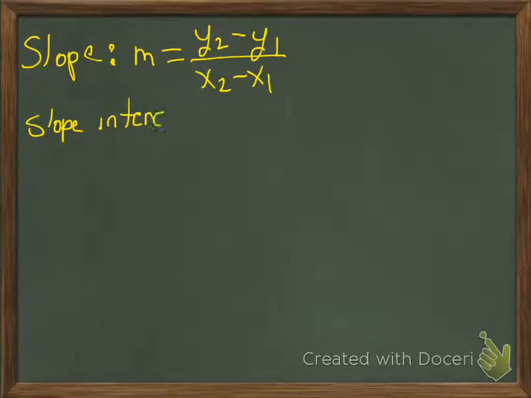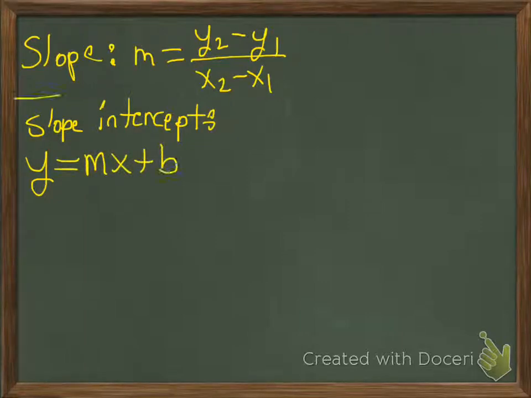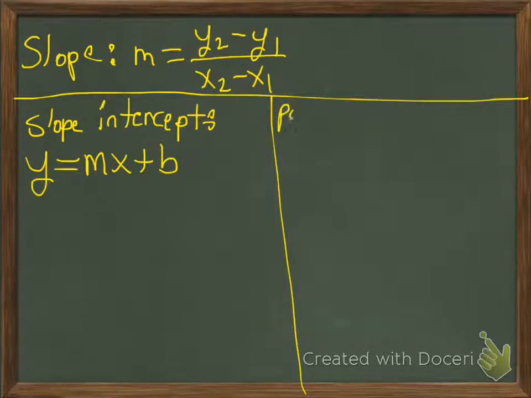And what we're going to look at is something called slope-intercept form. And I'm sure you're familiar with that. That's y equals mx plus b. M is your slope, and b is going to be your y-intercept. Another commonly used formula is called the point-slope formula.